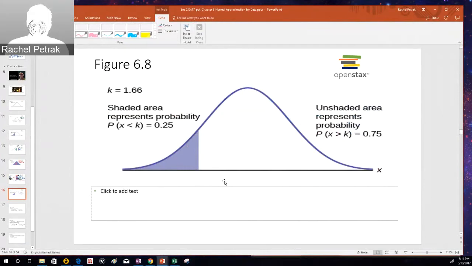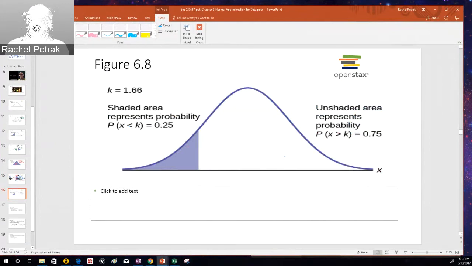And just one more figure here with an example, which we've pretty much discussed already, but to reiterate, the shaded area represents our probability. And here we have the probability that X is less than K. Where's K?